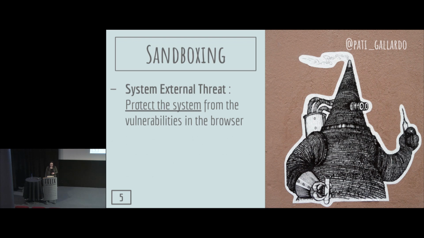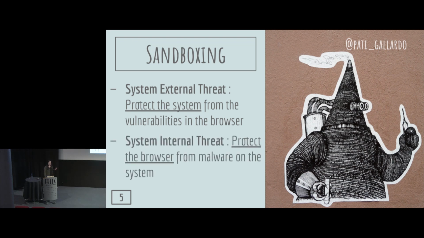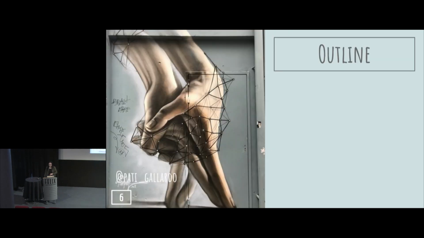And of course, you also have system internal threats, because your browser contains a lot of your personal information. Mining files, memory, anything system-call related to your browser could yield a lot of valuable information to any kind of malware running on your machine. But we're not going to talk that much about that, though there is a little bit.